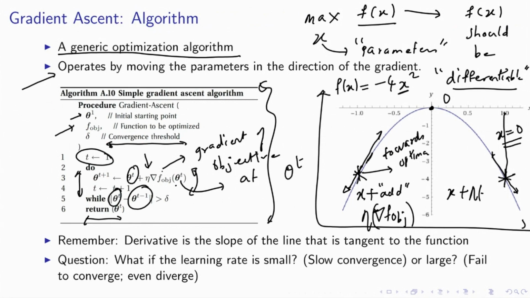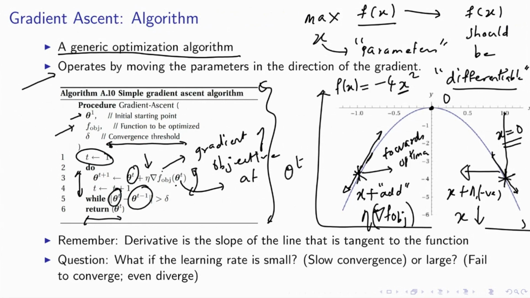So x plus eta times some negative quantity will be x minus some quantity, so x will decrease. You're going to move to the optimum, which is 0 in this case. This is how the algorithm works.